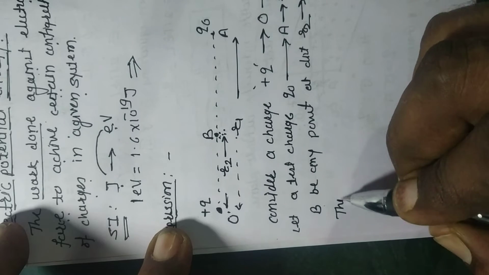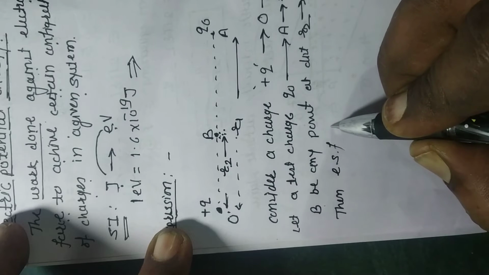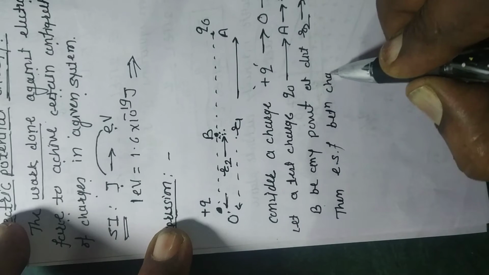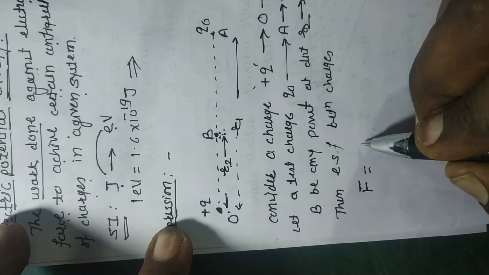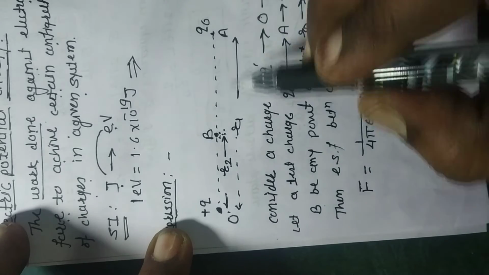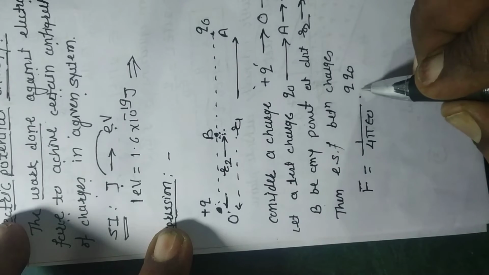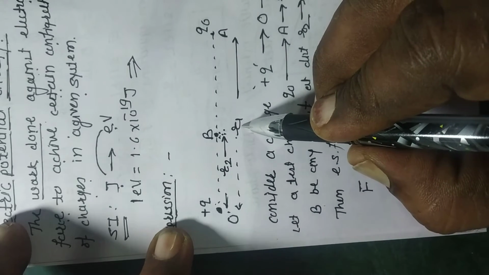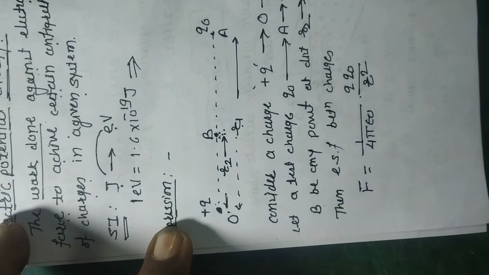Then electrostatic force between charges, that is electrostatic force F, is equal to 1 divided by 4 pi epsilon into product of magnitudes of two charges, that is Q Q naught, divided by square of distance between them, that is R square.